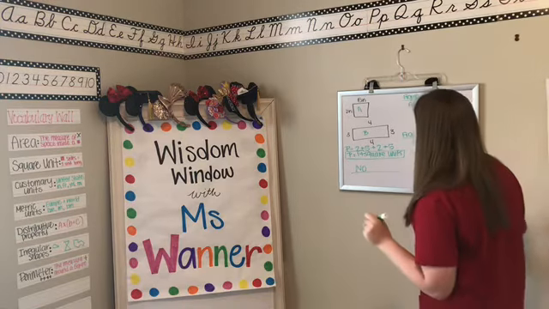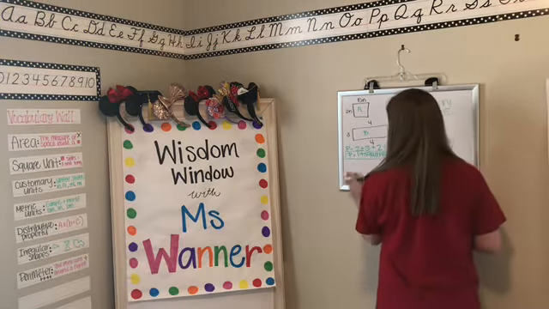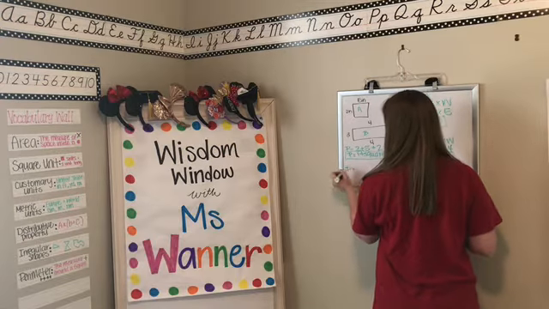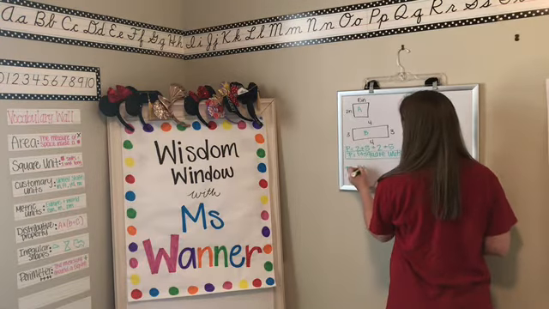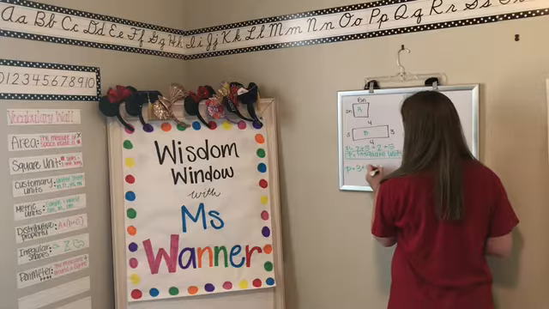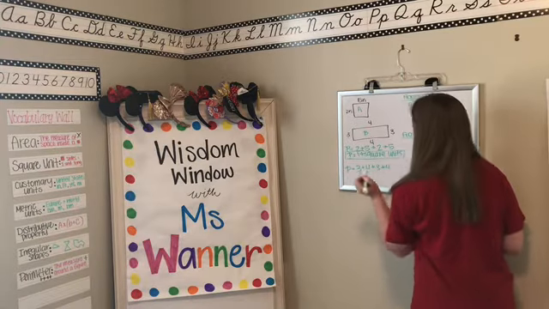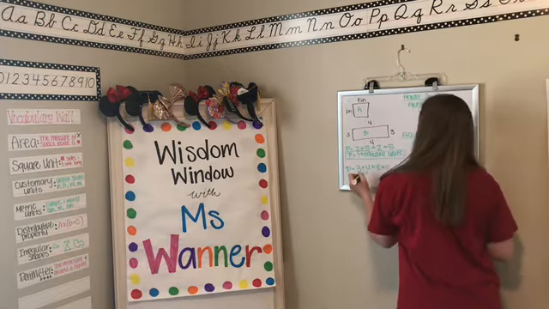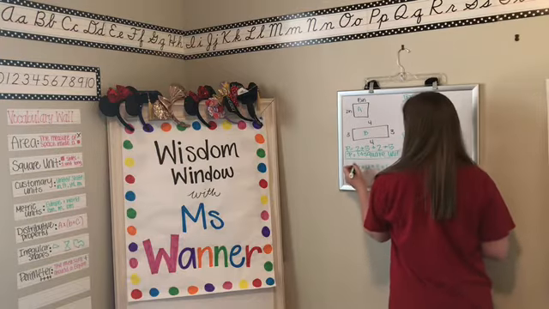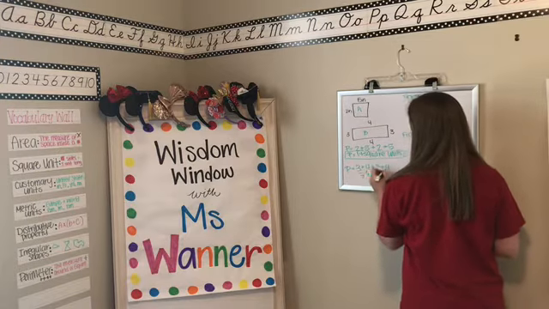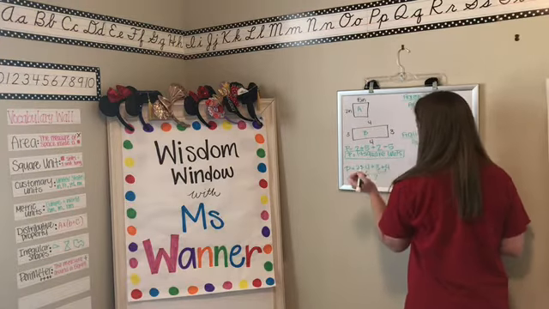Okay, and then I have to find the perimeter of the other figure. And so I have 3 plus 4 plus 3 plus 4. So let's see, 3 plus 4 is 4, 5, 6, 7. And then we're going to add 3 plus 4 is 7. Then we have 7 plus 7 is 14.